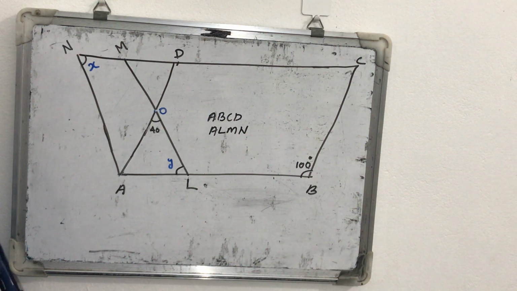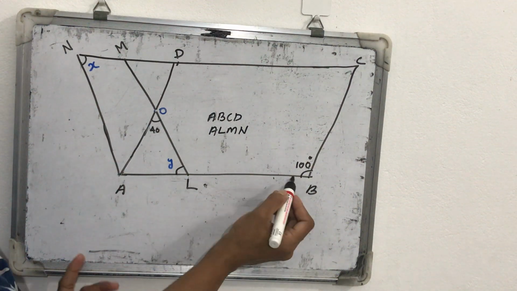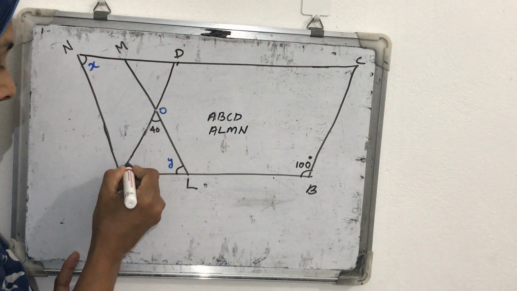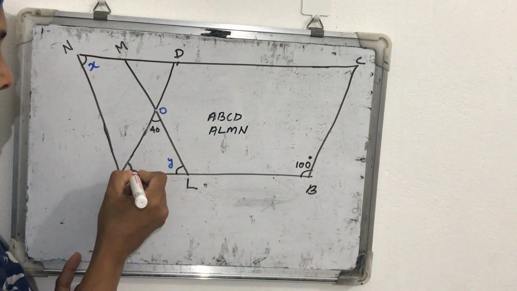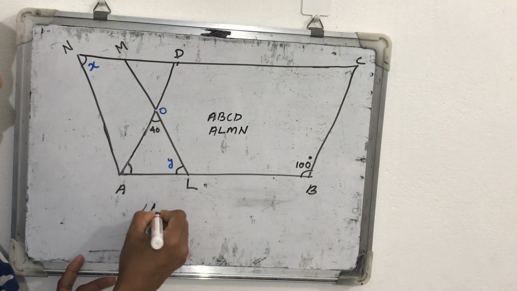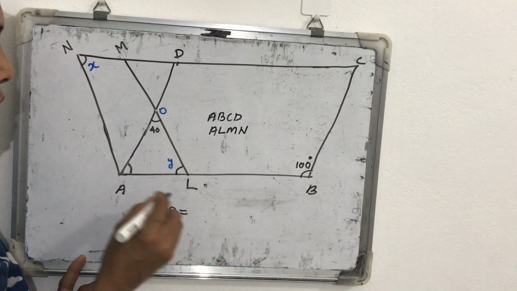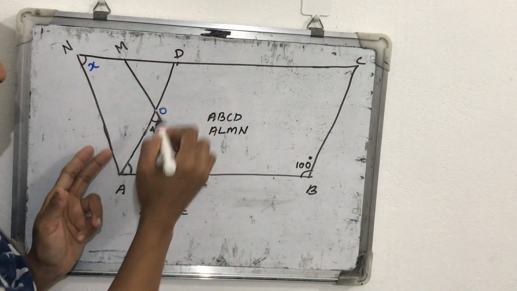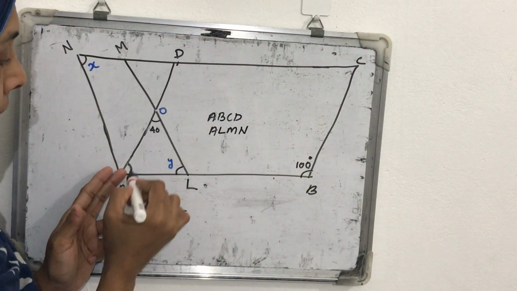Okay. So what is the method for finding that? Here we know if this angle is 100 degree, then what will this angle A be, that is angle LAD? We know ABCD is a parallelogram.